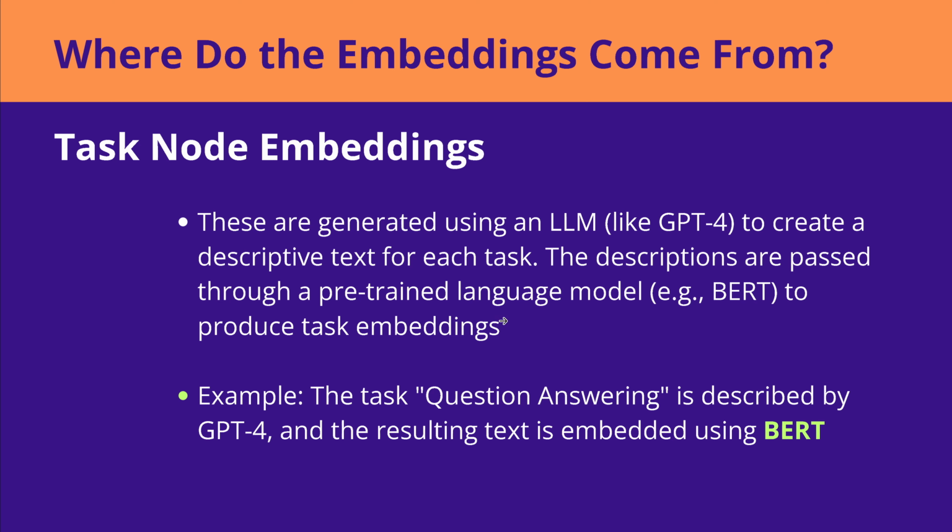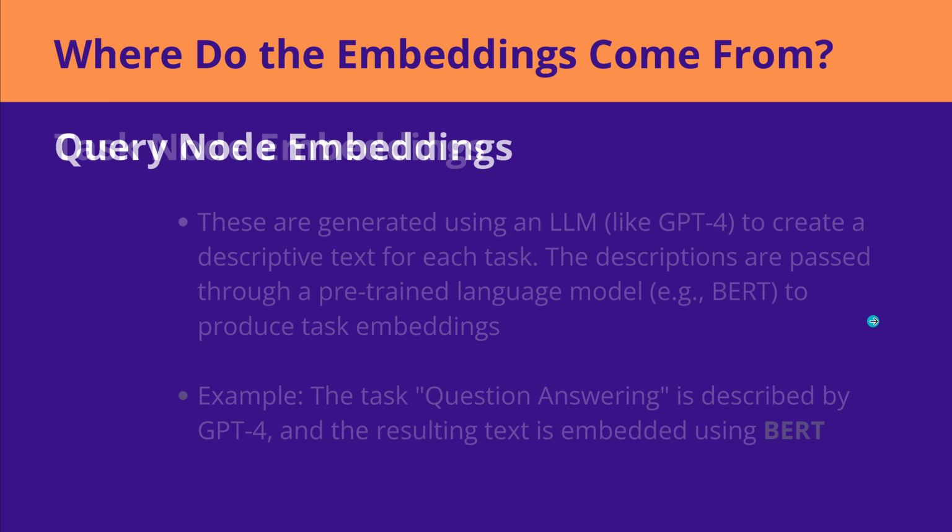So this means we just create a new vector in a vector space that we also have to create. For example, the task question answering is described by GPT-4, and then the resulting text, maybe each sentence, or maybe a complete paragraph, or the complete text, you just embed it using the sentence transformer BERT in a vector space.